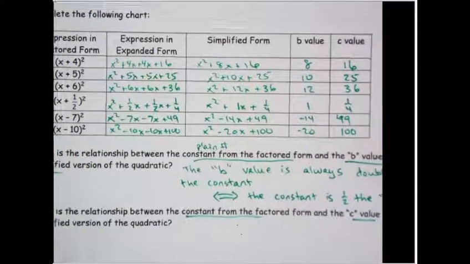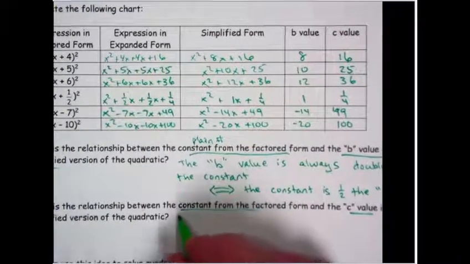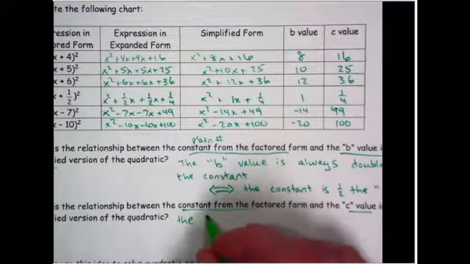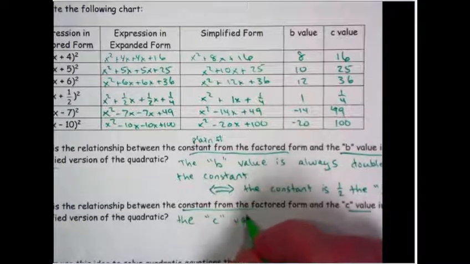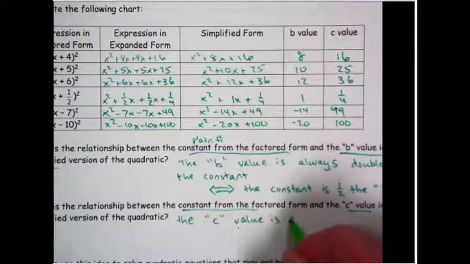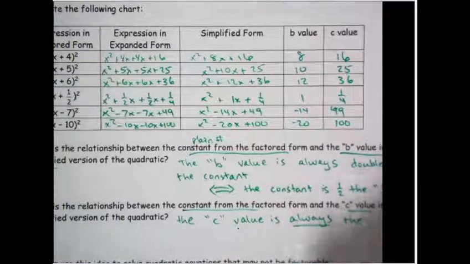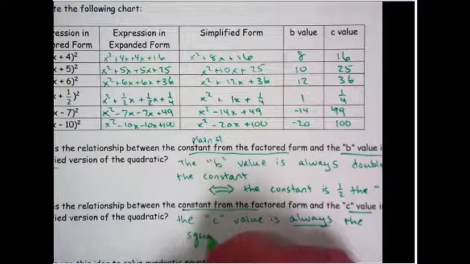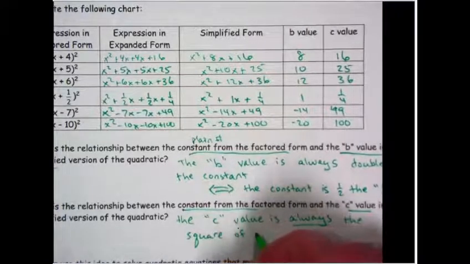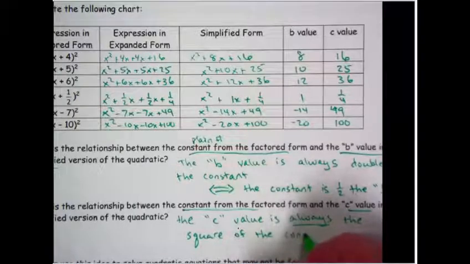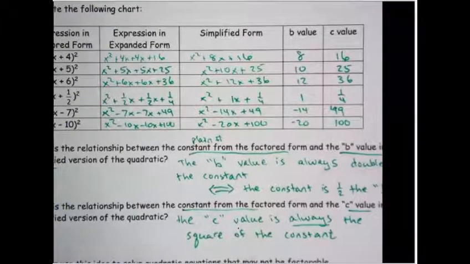Hopefully you realize that, oh look, the c value is always the square of the constant.